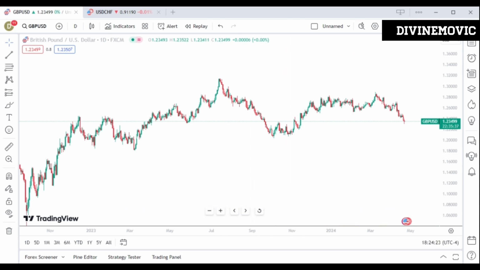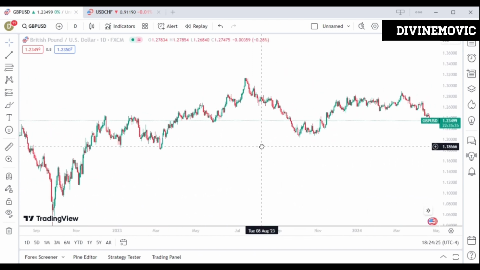No matter what you're seeing on this chart, the market is either trending to the upside, or trending to the downside, or it is in a ranging phase. That means once you open the market, the first thing you want to do is to identify the condition of the market.